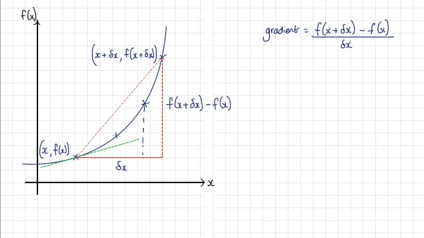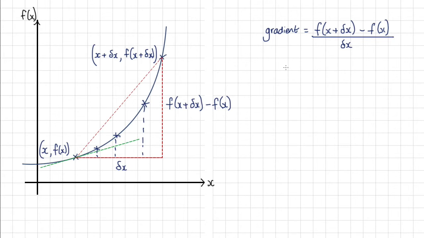And if I move closer still, delta x gets smaller, and closer still, delta x gets smaller. Now as delta x gets smaller and smaller as it approaches this point here, delta x is tending to 0. It's getting closer and closer to 0.